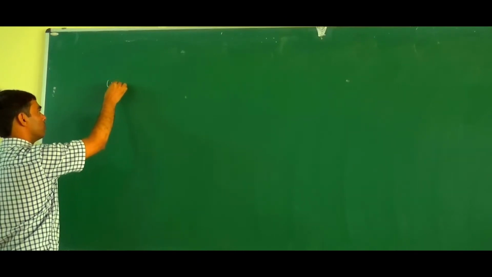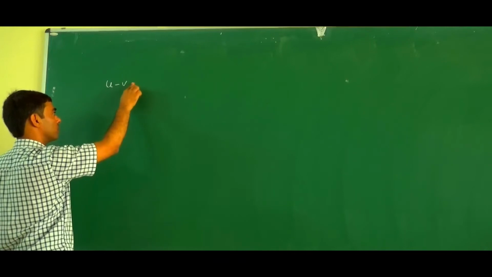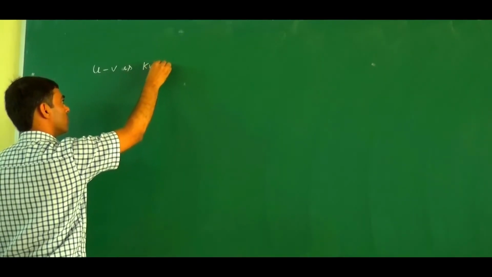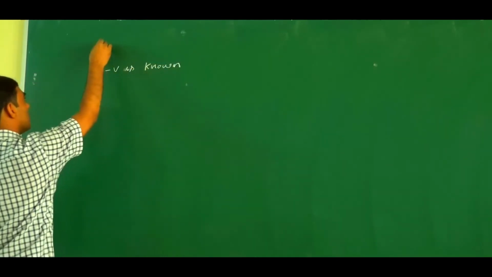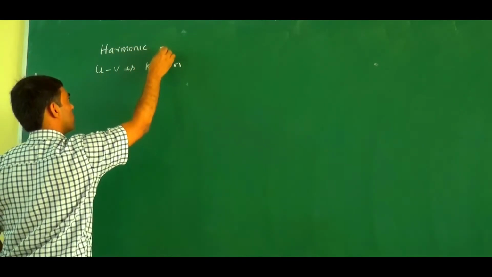Now suppose in this case u minus v is given, u minus v is a known value. Here I am talking about a harmonic conjugate.